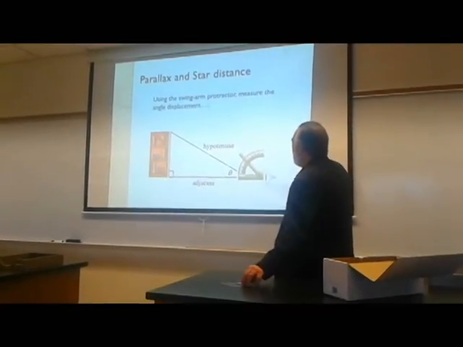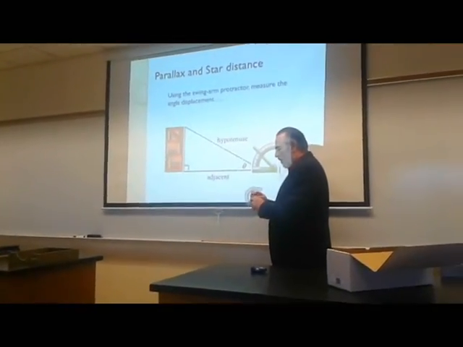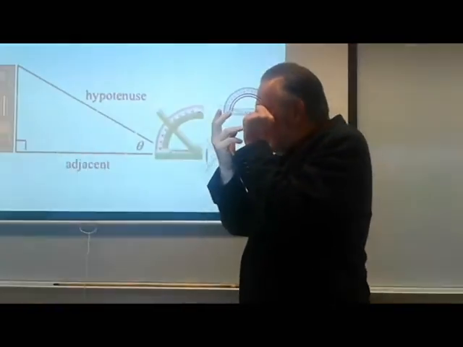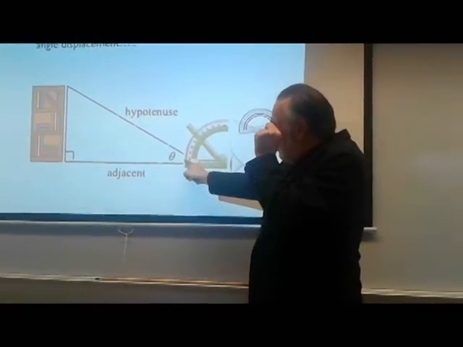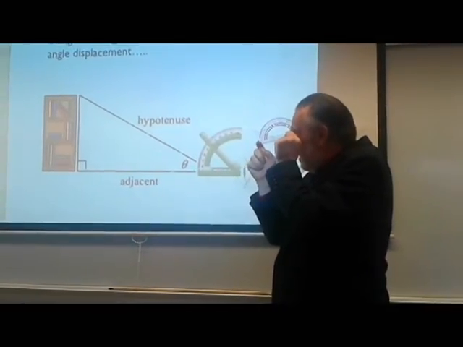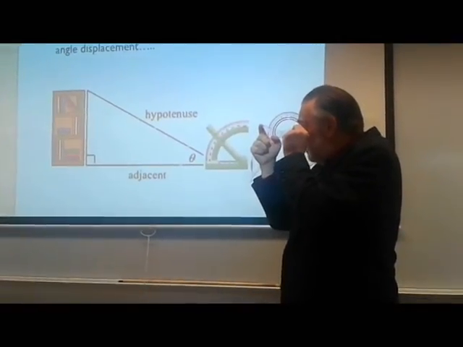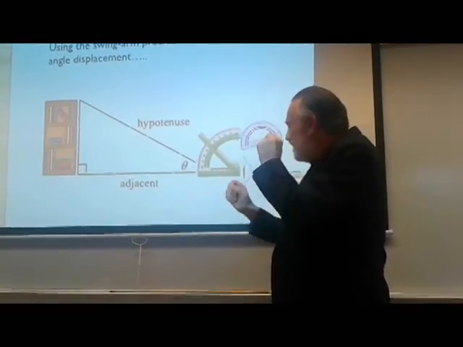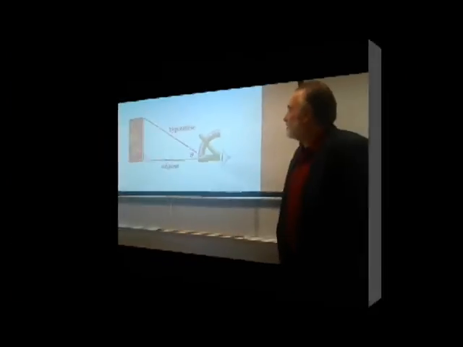So now, I could take my swing arm protractor to get the angle. Now, I would hold that up to where my eye focuses, and measure from the bottom, have the bottom in my view to where the bottom of the bookcase is, and move the swing arm up to where the top of the bookcase is, and I would have this angular displacement.